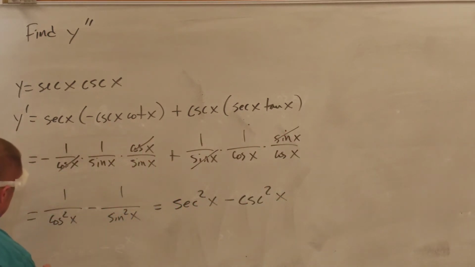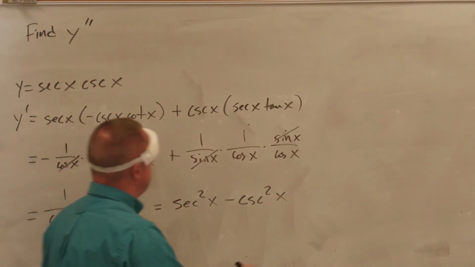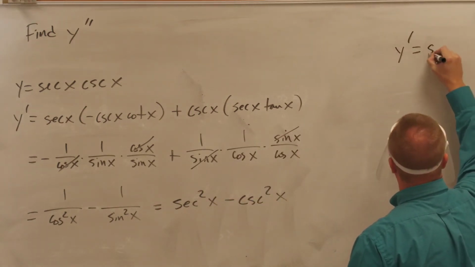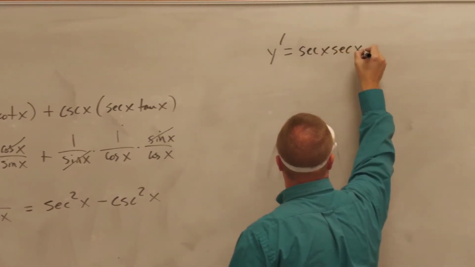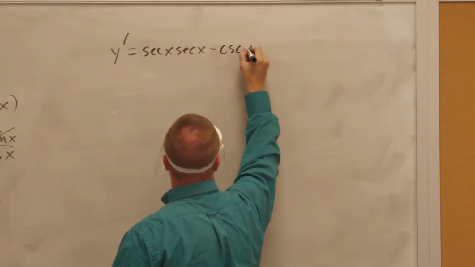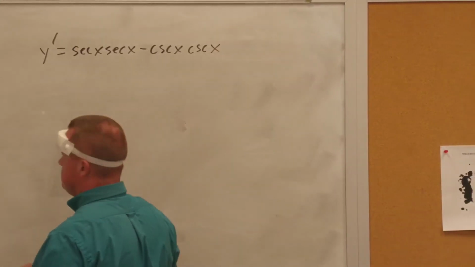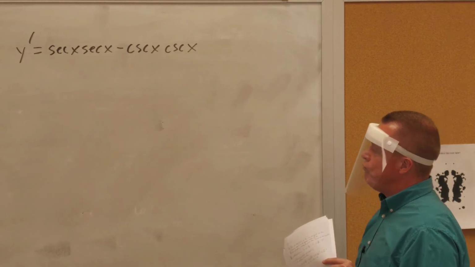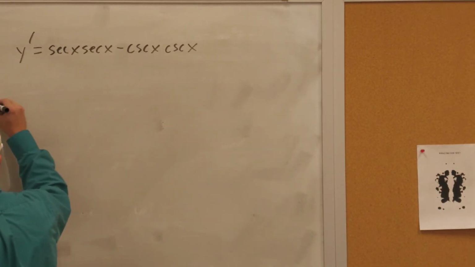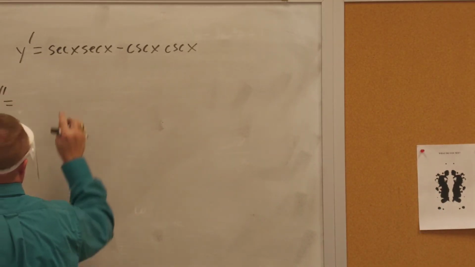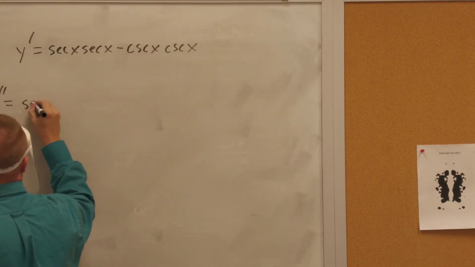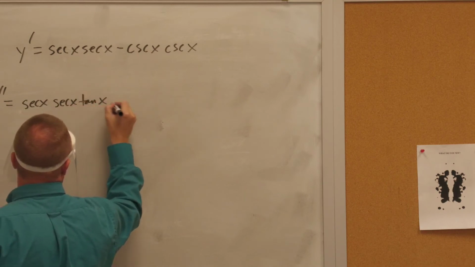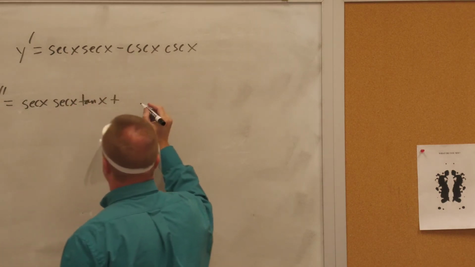So what we would have to do then is write it as secant times secant minus cosecant times cosecant. Okay, and then just do the products again. Second derivative. All right, so first times derivative of the second, plus the second times derivative of the first.